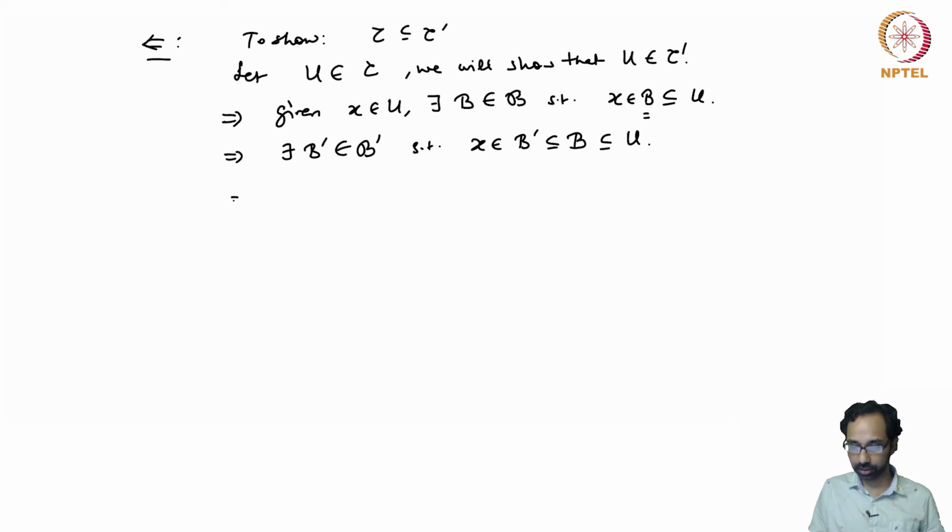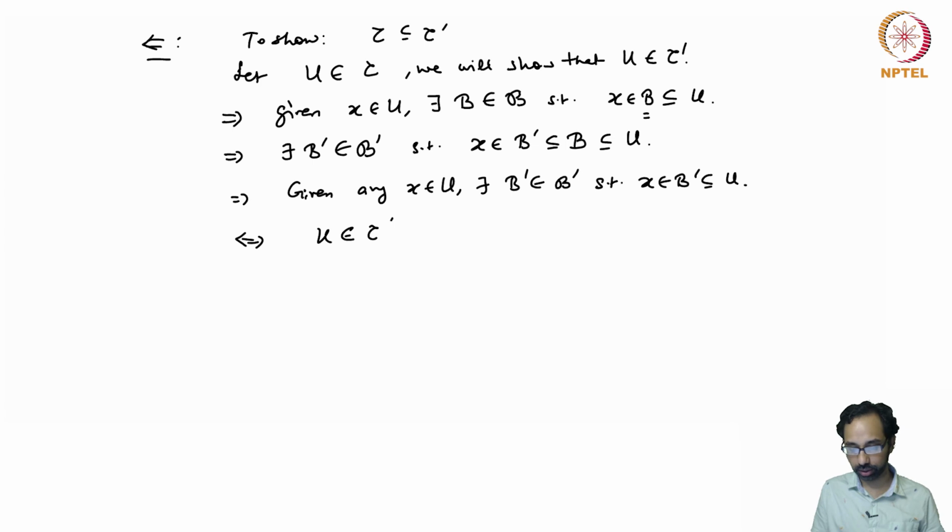So this implies that given any x in U, there exists a basis element B prime in B prime such that it contains x and it is inside U, and this is equivalent to saying that this set U is in tau prime, because of the way we define it. So it's just using the definition to show this theorem.